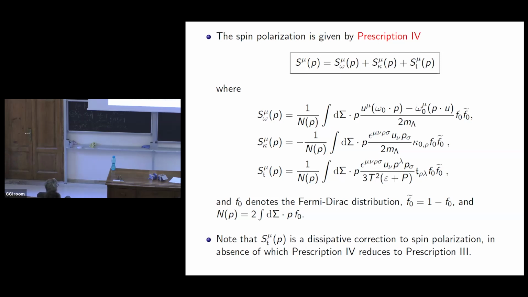But now, since there is a mechanism for spin equilibration, we have this dissipative correction, which is given by this. So this is our prescription 4 to compute the spin polarization. These two are equilibrium, like the spin potential, which is prescription 3, and there is a dissipative contribution.